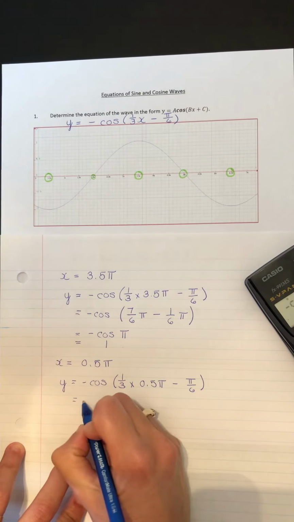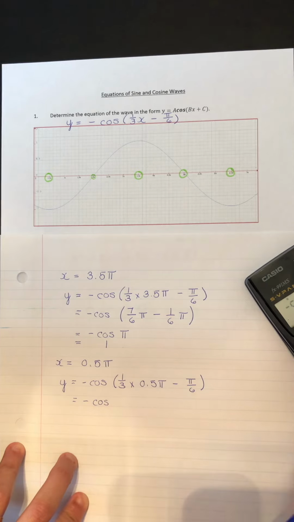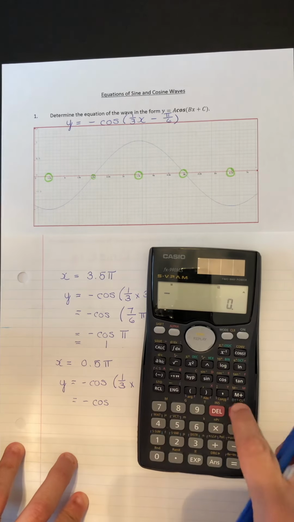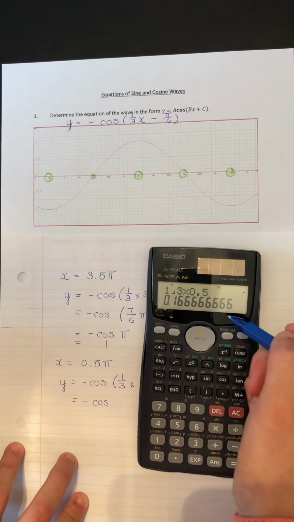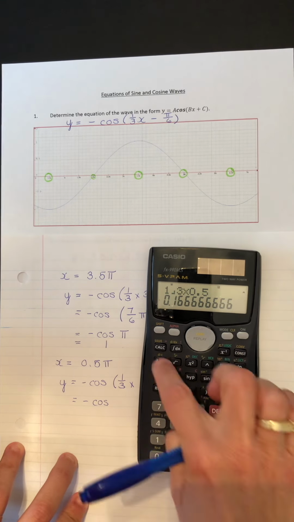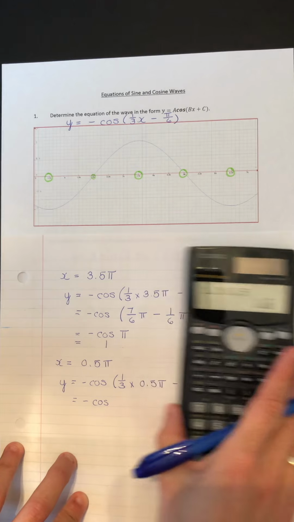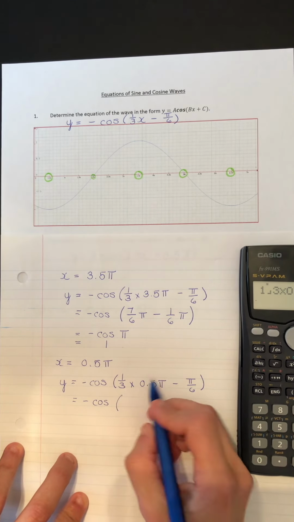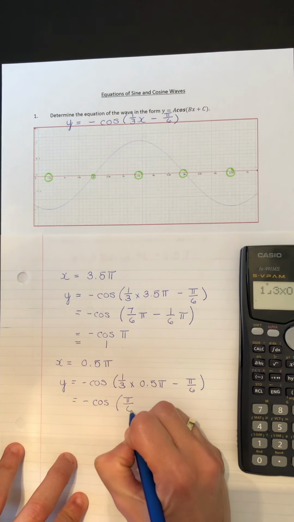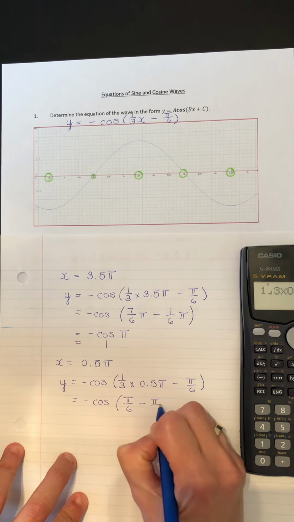And then 1/3 times 0.5 you could do here if you want. Okay, it's that mess, which is actually the fraction 1/6. So this is 1/6 times pi, or pi over 6, however you prefer to write it.